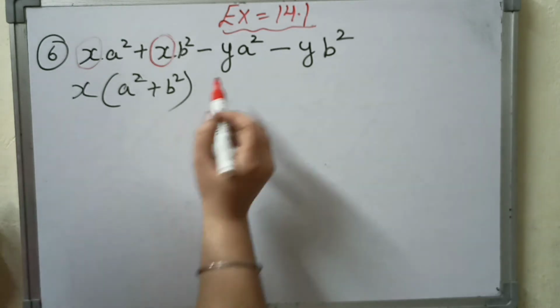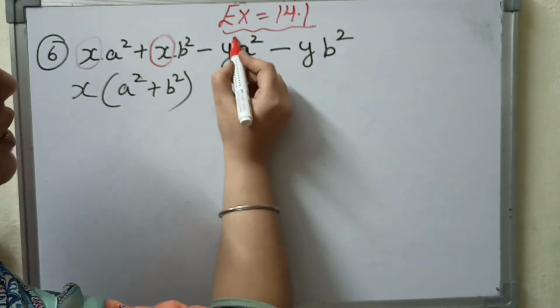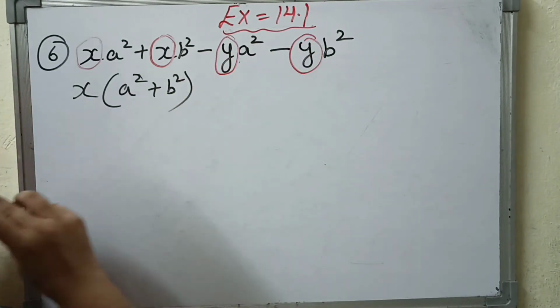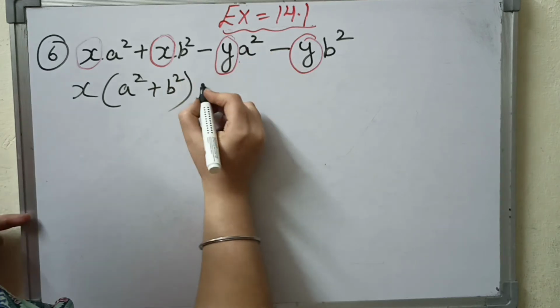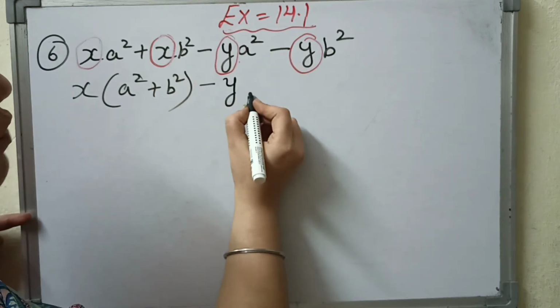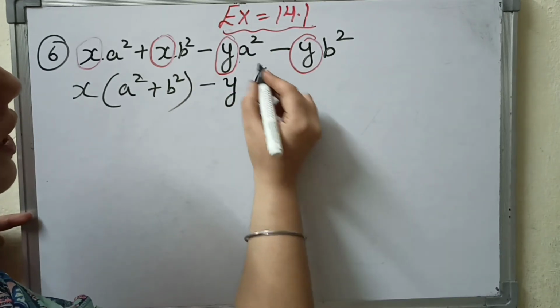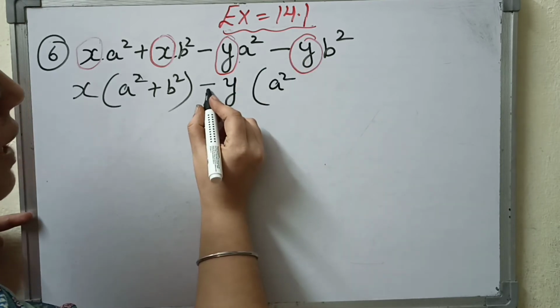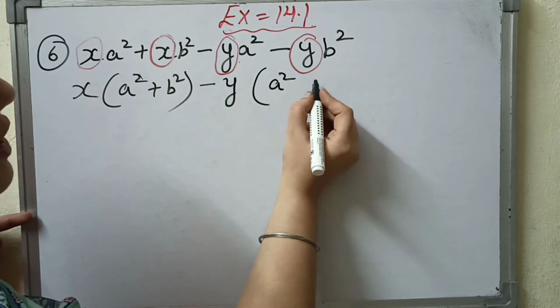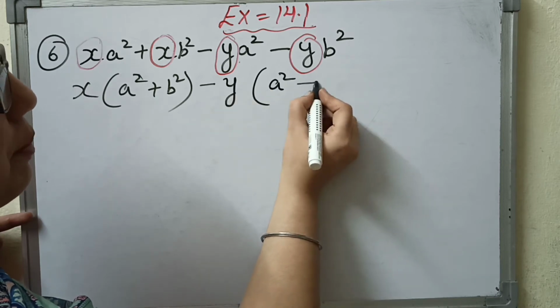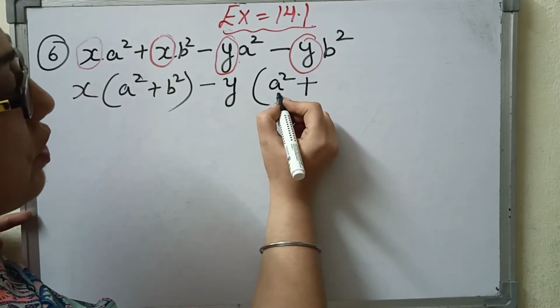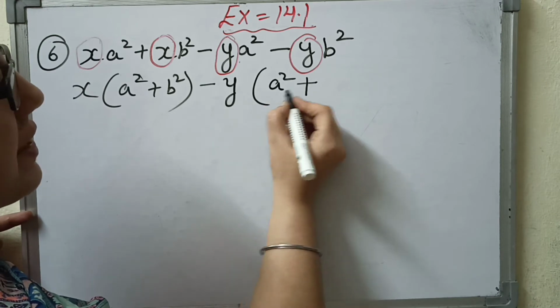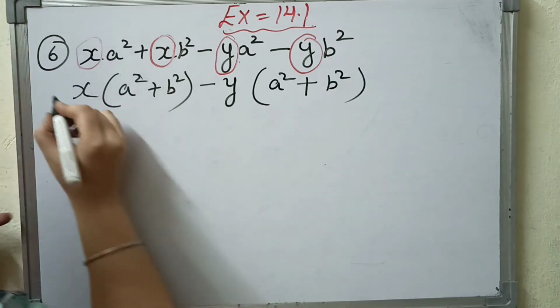Similarly, in case of third and fourth term y is common. Also the negative sign is common, so I write down minus y, and the terms that will be left we have to write down inside the bracket, that is a square. When I take minus sign common, then the sign inside the bracket gets reversed, so it becomes a square plus b square, right?